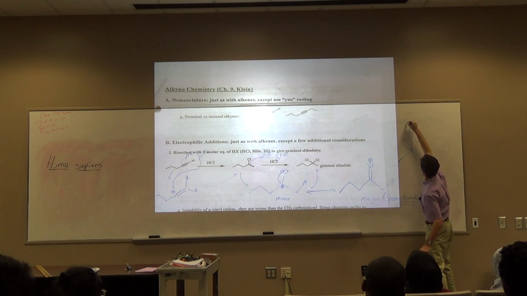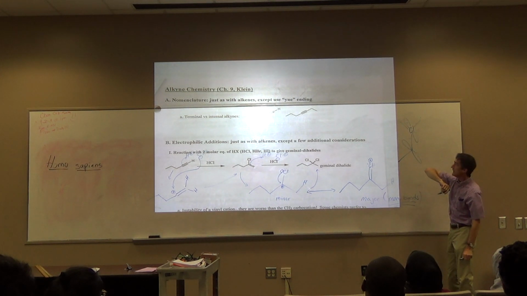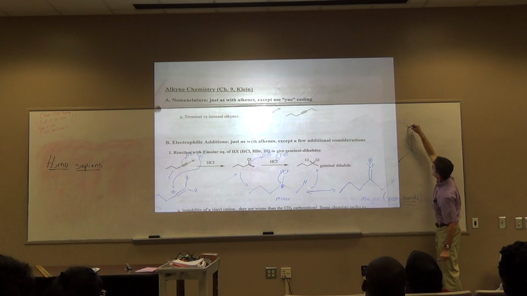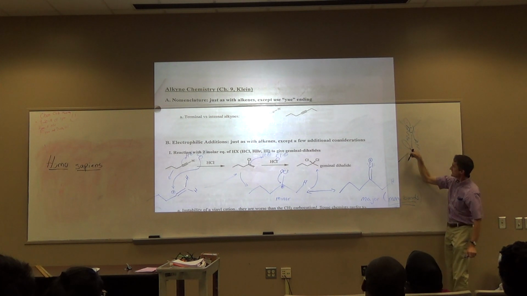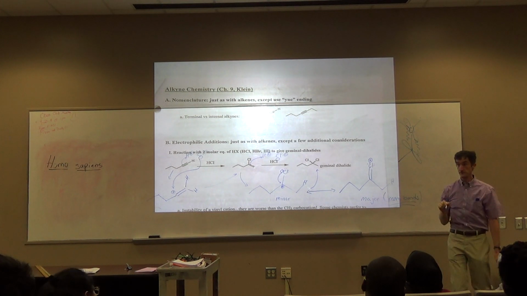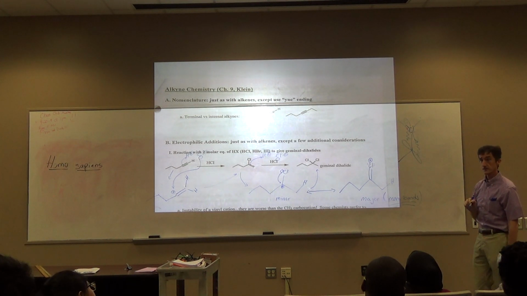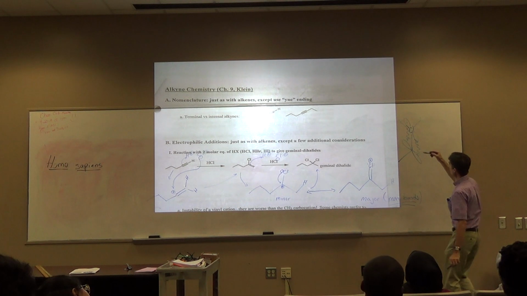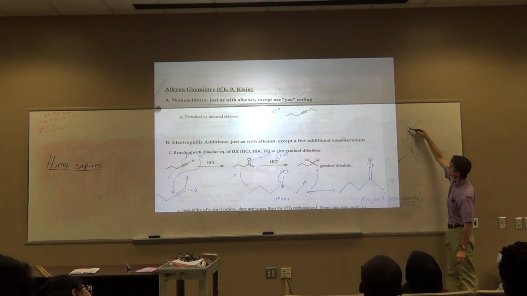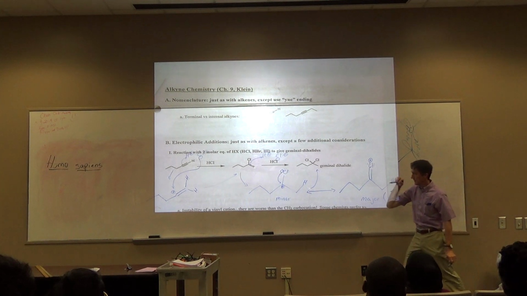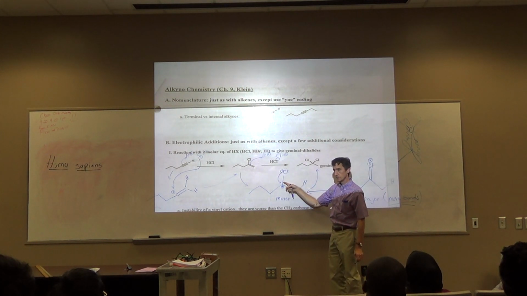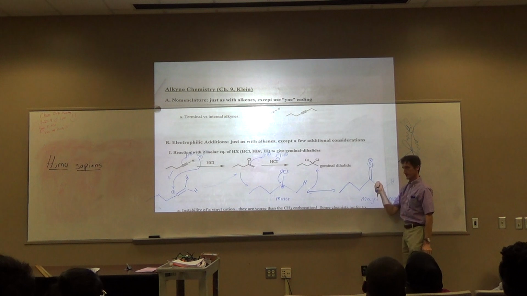That has a lone pair. Guess what it's doing? It's interacting with the neighboring p orbital, like we said it would during test 1. And what does this look like when you have two p orbitals interacting? Pi bond. I don't see a pi bond here. Well, guess what? I see it here.